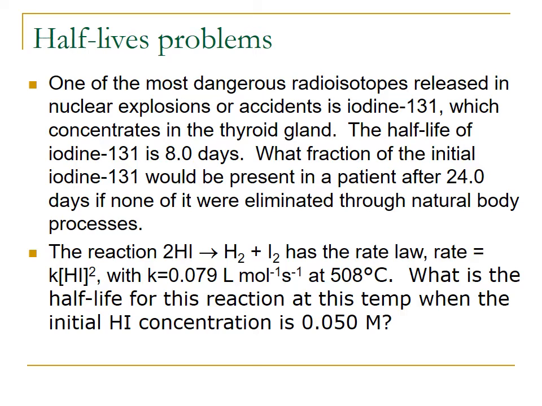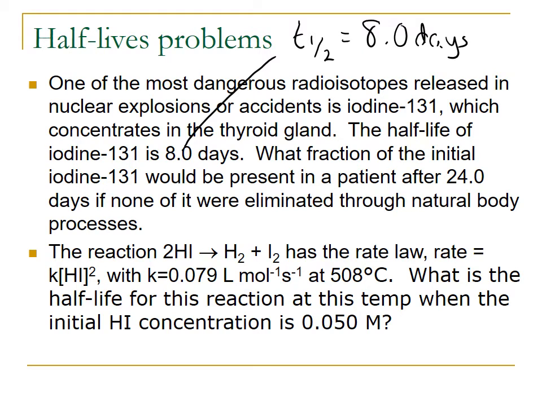Okay, so that gives you some information, but you really don't need that for the problem. It goes on, the half-life of iodine-131 is 8 days. Okay, that's important. So what this is saying is that your half-life, T1/2, is 8 days.